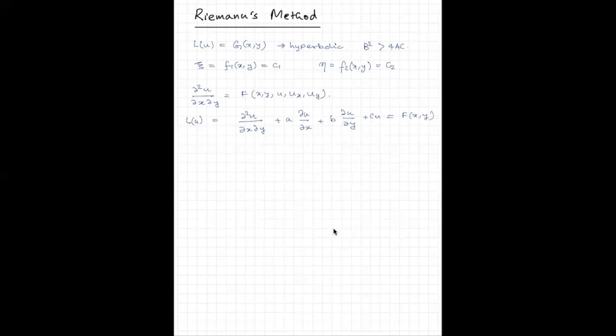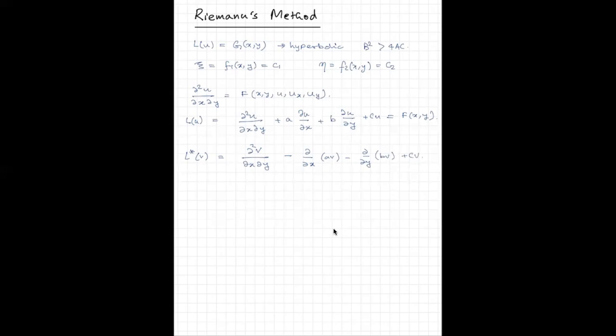Let v of x, y be an arbitrary function that has continuous second order partial derivatives, and we will call L star of v equal to del squared v del x del y minus del x of av minus del y of bv plus cv.